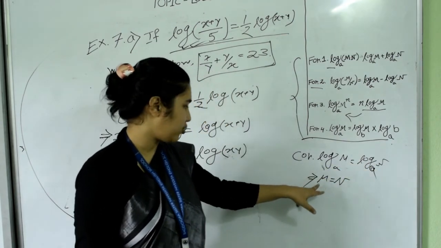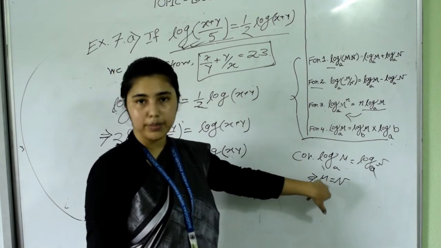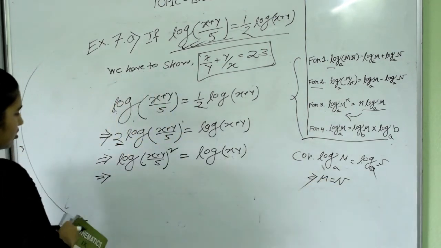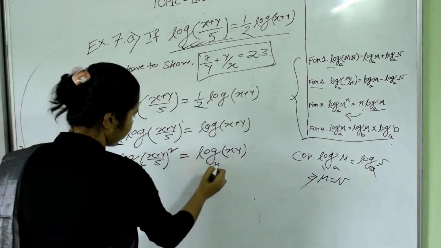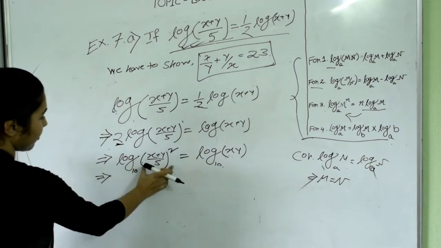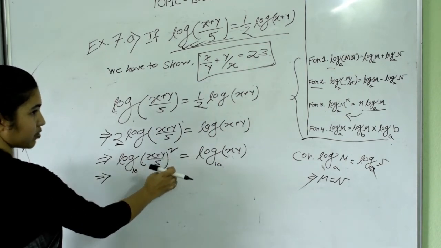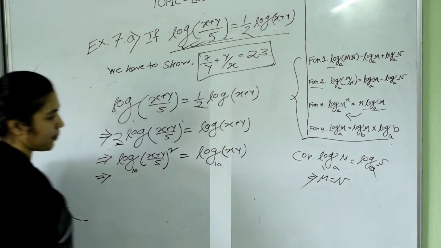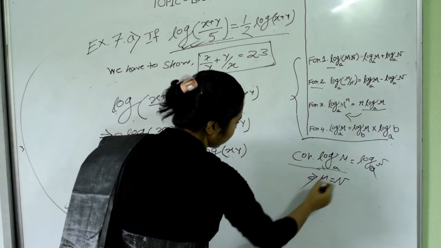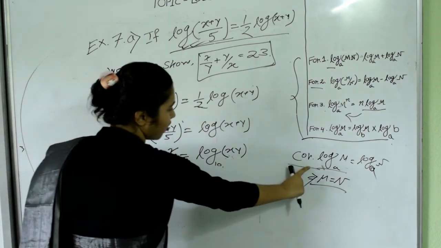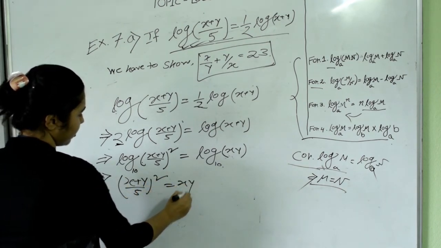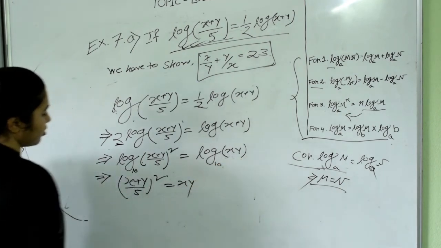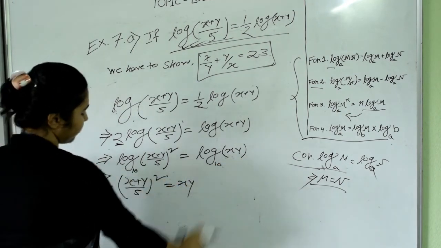That means we can write m equals to n. So here also there is nothing, that means the base is 10 for both these terms and the values are (x plus y divided by 5) square and xy. So apply this corollary, and from this corollary we can write (x plus y divided by 5) square is equal to xy. Just equate these two values. Why? Because we have same base here.